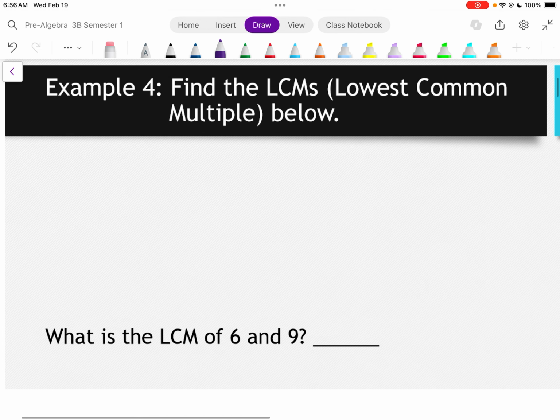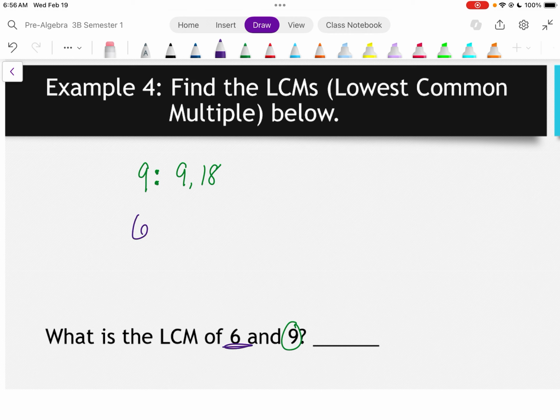All right. Now, for this one, they want you to find the LCM of 6 and 9. So if you want to pause the video and try this one on your own as well, then we can go over the answer. Okay. So I'm going to start again with my largest number, 9, and start counting by that. So if I have 9, I would have 9, 18, and I'm pretty sure 6 goes into 18.